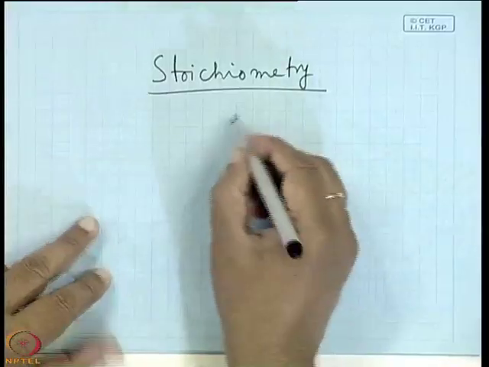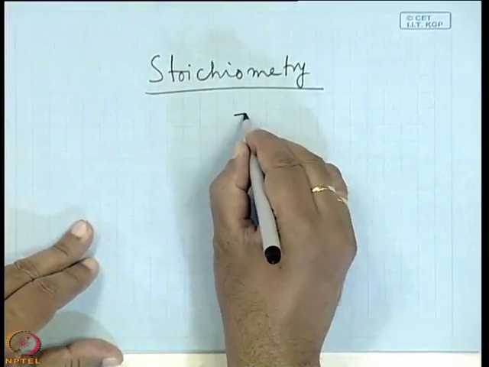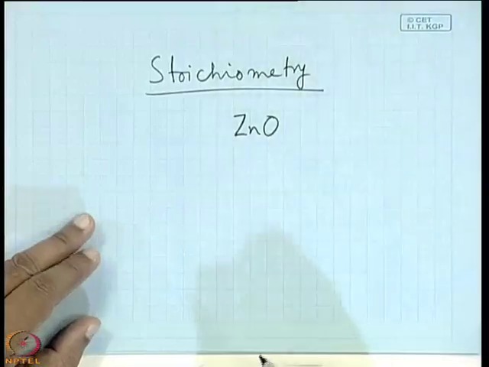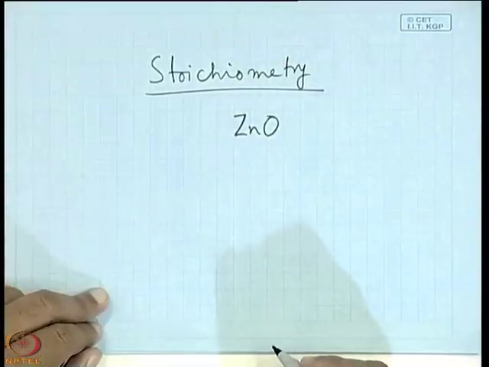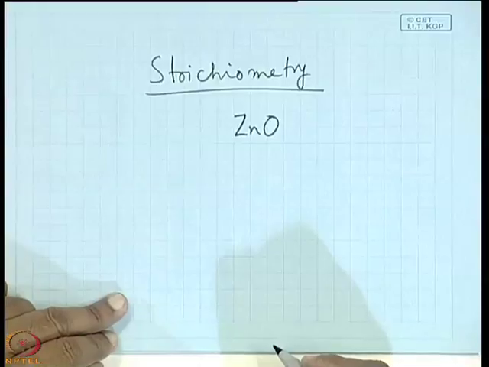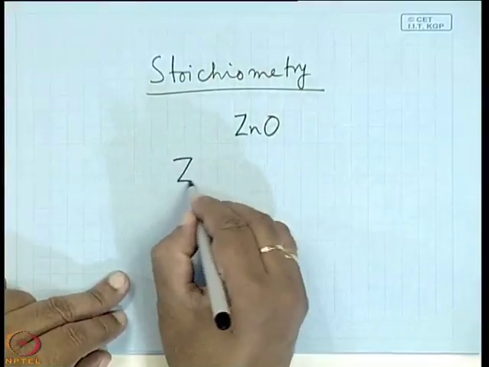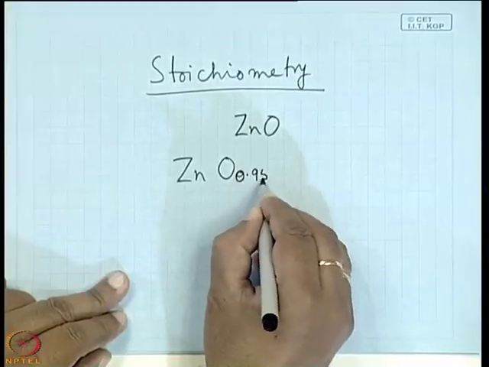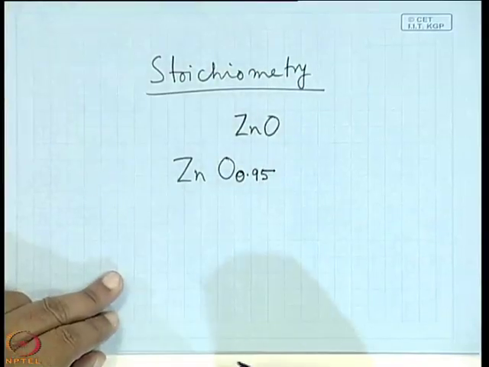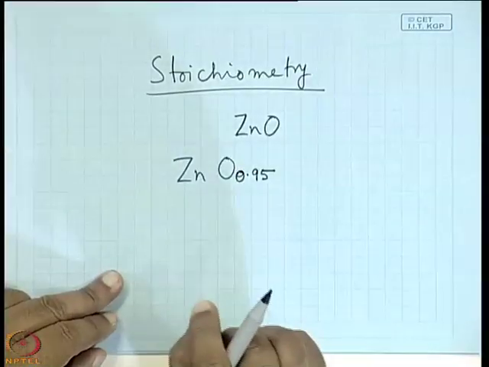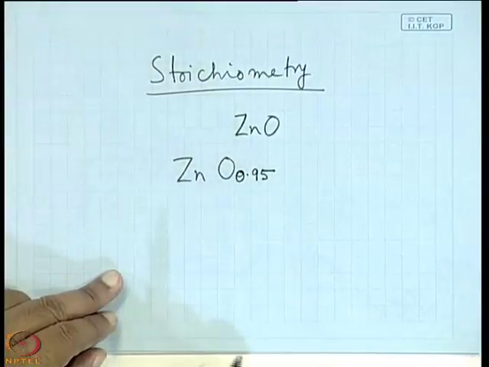That means, say in zinc oxide, the zinc to oxygen ratio is 1:1, but actually it is not there. Here in zinc oxide, the oxygen becomes 0.95. That means there is some deficiency of oxygen in zinc oxide.